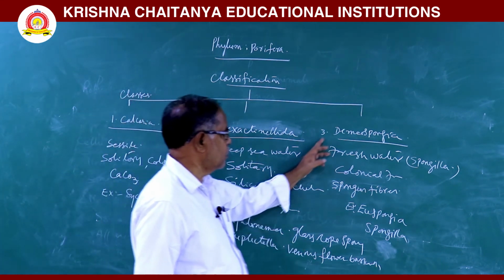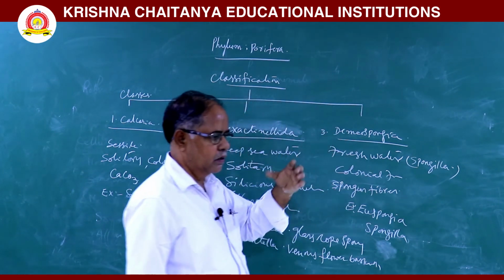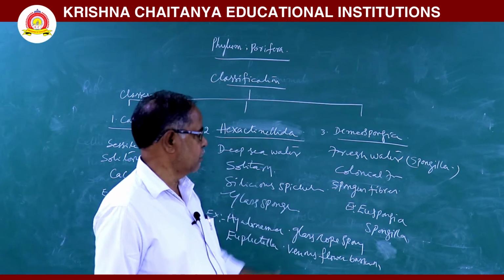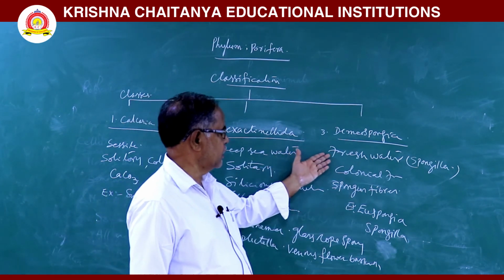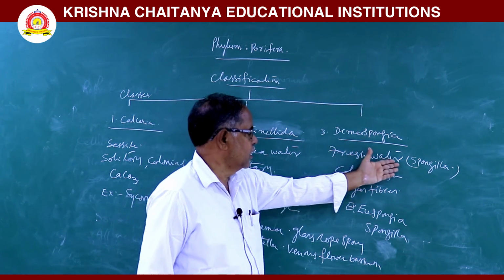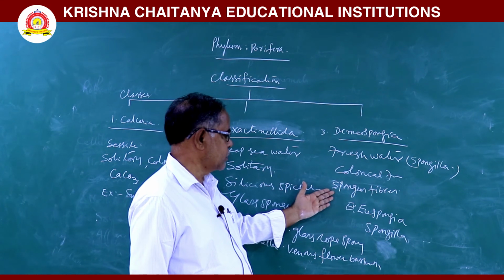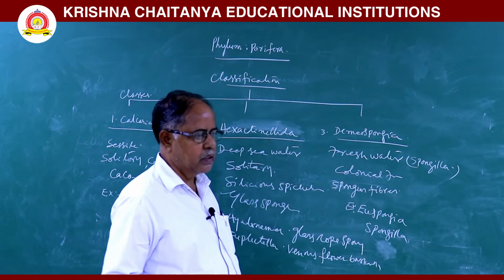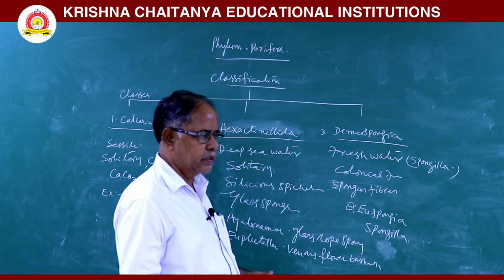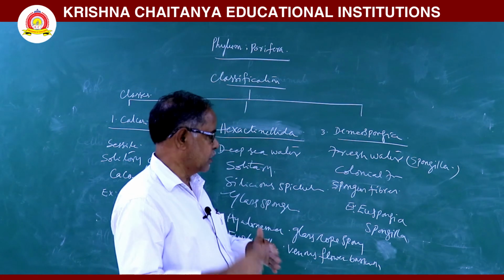Next, Demospongia. They live in deep sea water. Some live in fresh water. For example, Spongilla, they are colonial form. Here spicules are made up of spongin fibers. In some, spongin fibers and siliceous spicules are there. In some, spicules are absent.